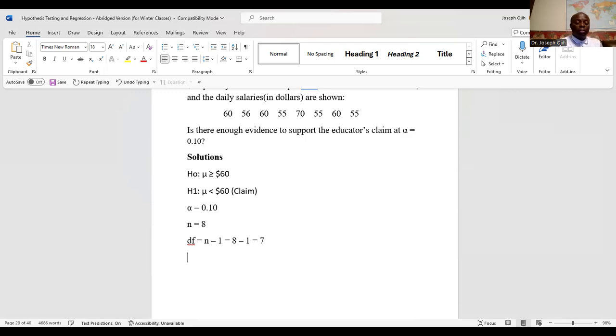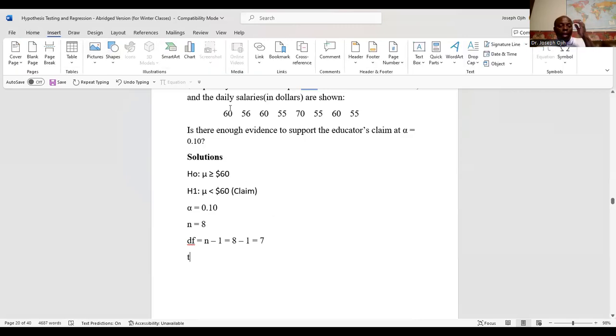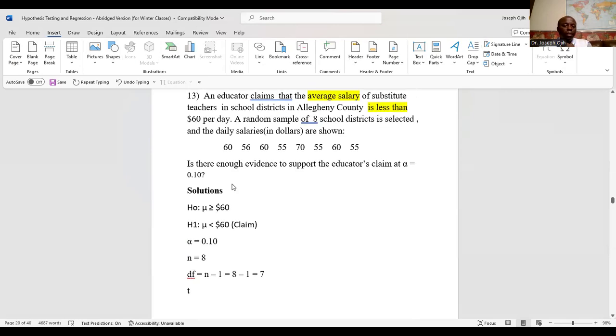Now let's get our critical value, t alpha. Actually, this one is t alpha rather than t alpha over 2, because less than points to the left side, so it has to be a negative critical value, negative t alpha.